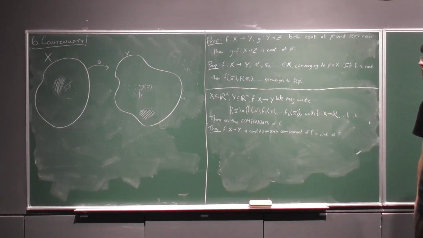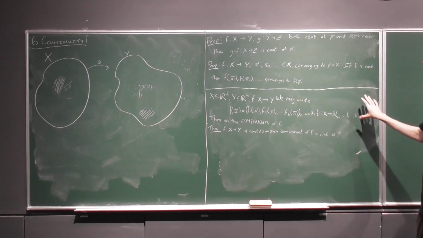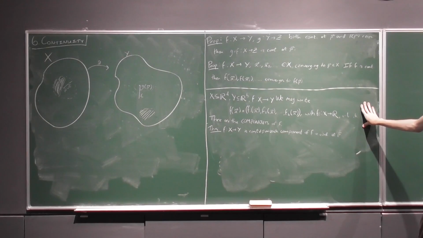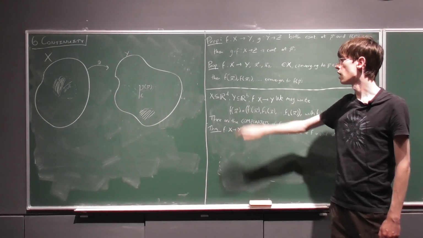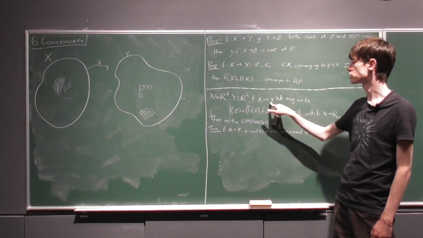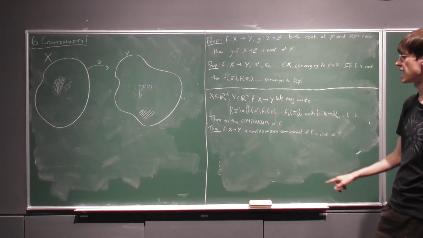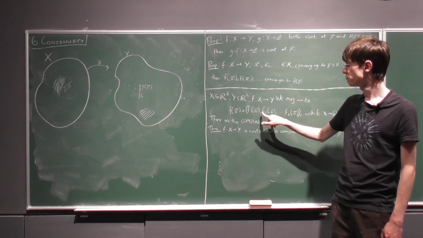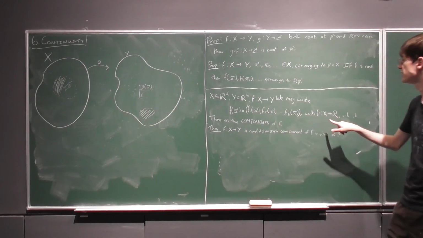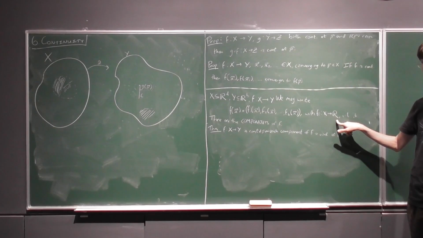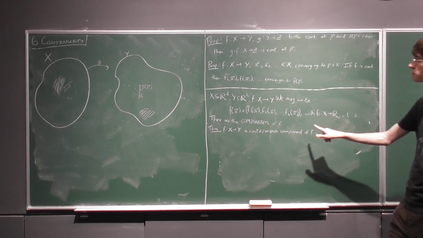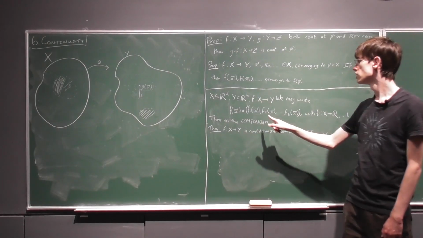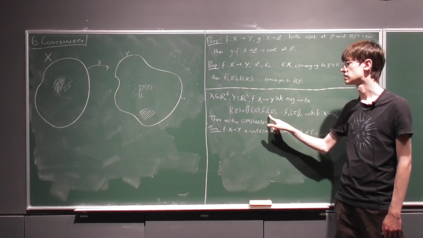Now, when you're working with multivariable functions, you've probably seen in multivariable calculus that you can write them in what we call components. So if X is d-dimensional and Y is b-dimensional and f maps from X to Y, we can write f as f1, f2, all the way up to fb, with each fi mapping from X just to R, because R^b is just b Cartesian products of R. So we can just see what it does in each one of those dimensions.